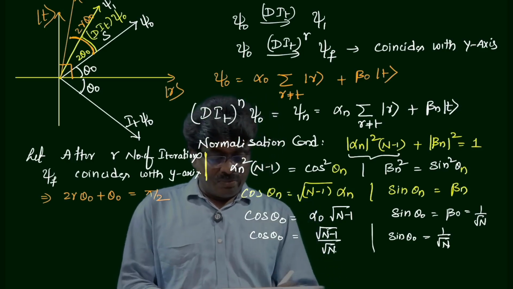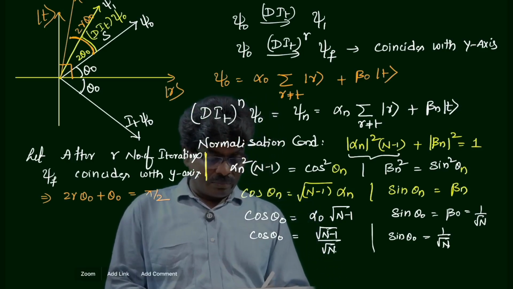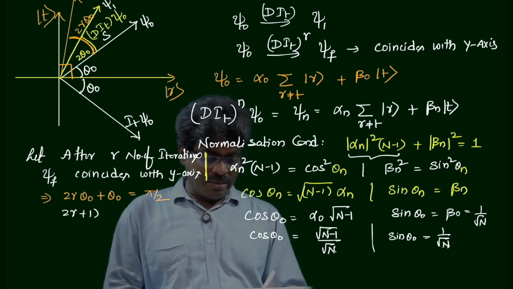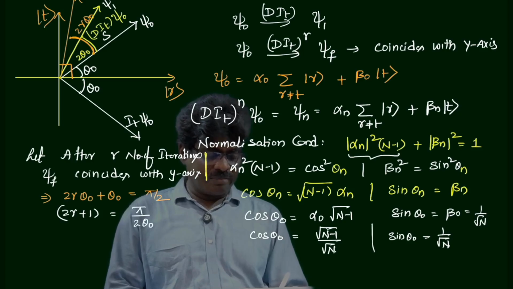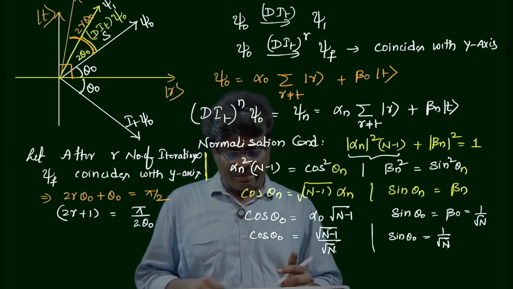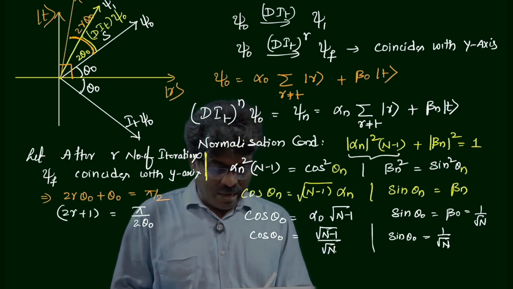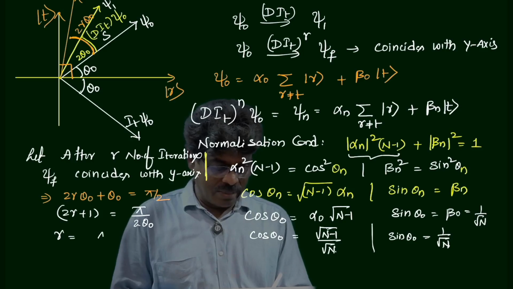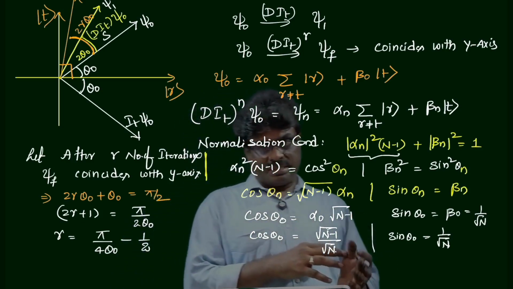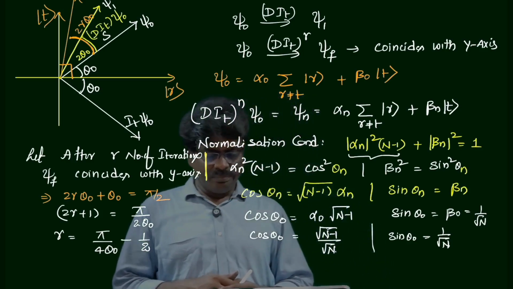We can take theta naught common, so 2r plus 1 equals pi by 2 theta naught. Our aim is to find r, so r is pi by 4 theta naught minus 1 by 2. We bring 1 to this side, and then divide by 2.